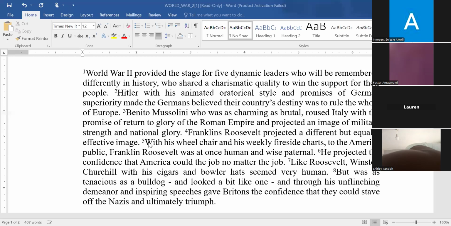is playing a secondary role. It is not a major support. Sentence 6 is not a major support. However, sentence 7 is a major support, because even though it's trying to compare 2 leaders, the substantive leader here is Winston Churchill.